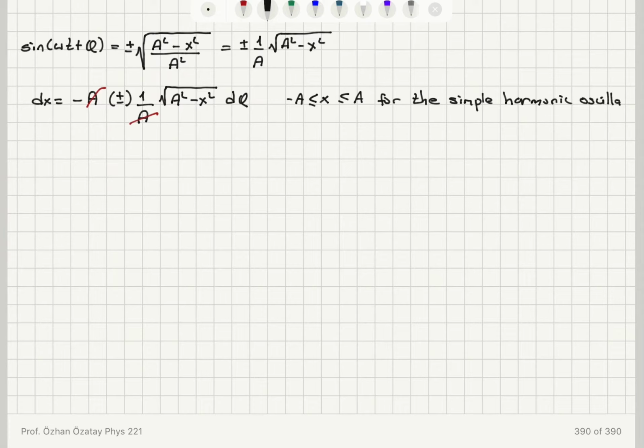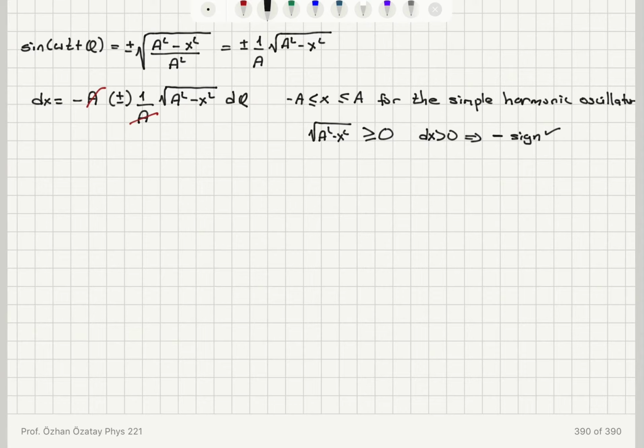Therefore, the quantity in the square root, a square minus x square, is going to be greater or equal to 0, which means for dx to be positive, I have to take the minus sign.